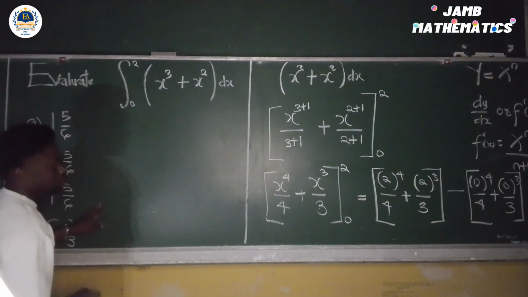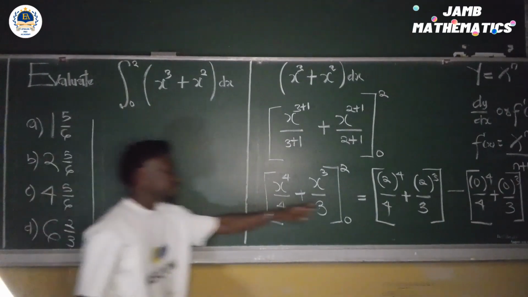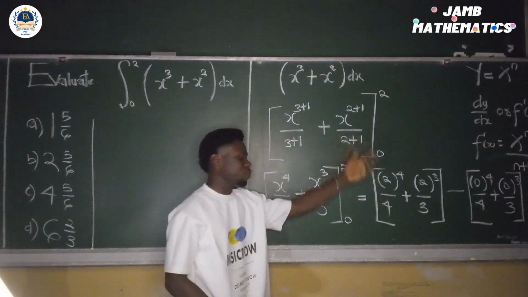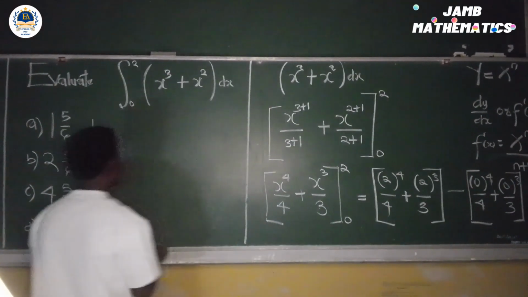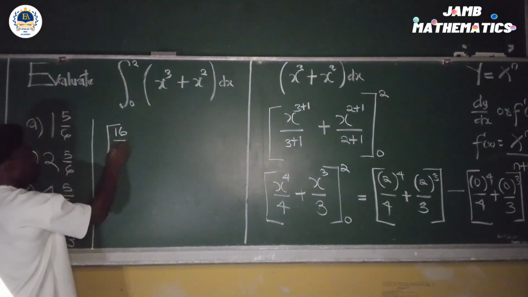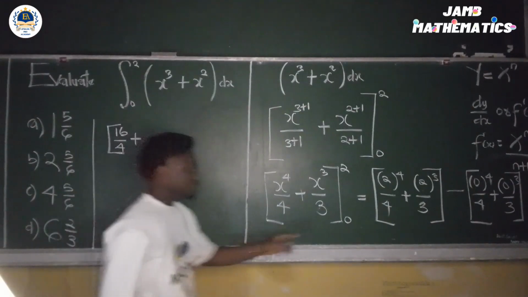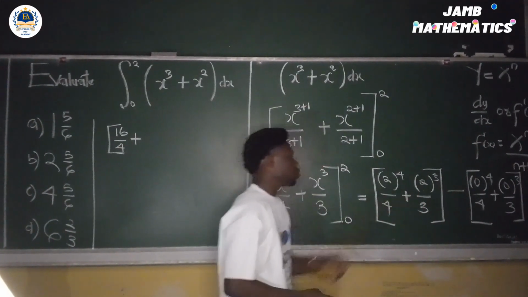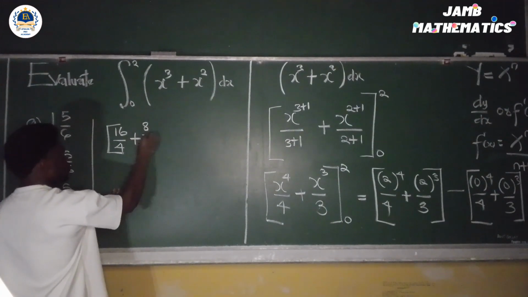Okay, let's continue from here. From the first bracket, 2 raised to the power of 4 is 2 times 2 times 2 times 2, and that will give 16 over 4, plus 2 raised to the power of 3, 2 times 2 times 2, which is 8 over 3.